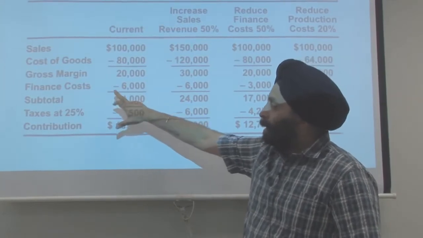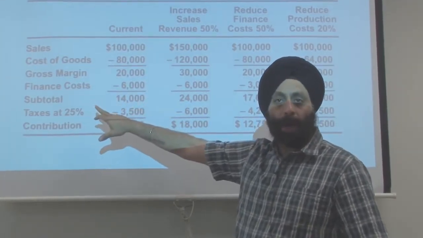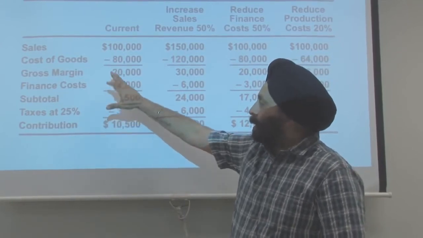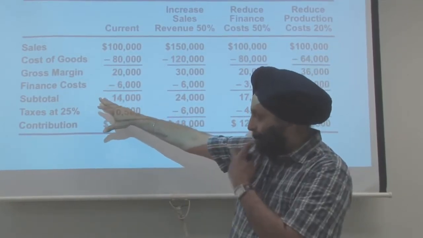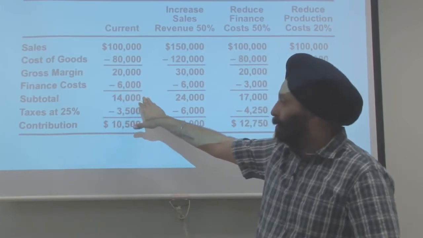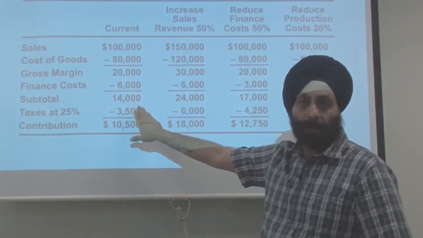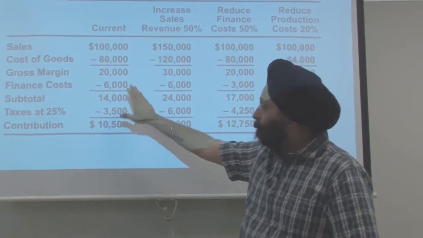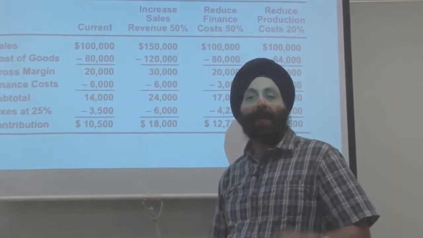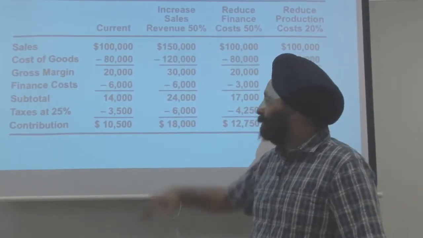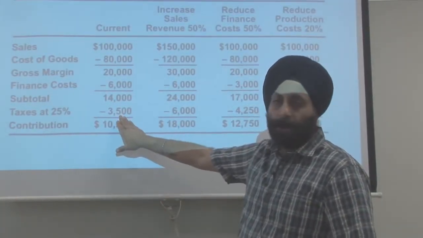Okay, and assuming we took out a loan to fund this business, the finance cost is $6,000. And that leaves us with a remainder of $14,000. And from that, we have to pay taxes. Let's assume a hypothetical 25% tax, and that is $3,500.